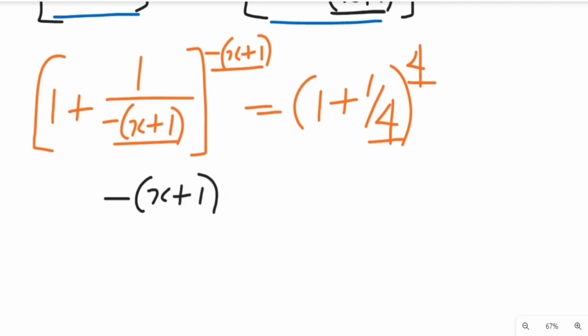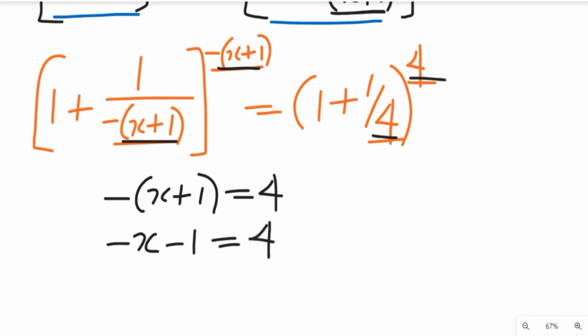The negative x plus 1 will now be equal to 4. We can equate this, or we equate the exponent. So if we equate them, we'll have this. Simplifying this, we'll have minus x multiplied by x will give us minus x minus 1 equal to 4. So if this 1 comes over here, we'll have minus x to be equal to 4.